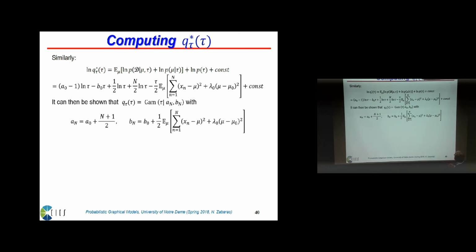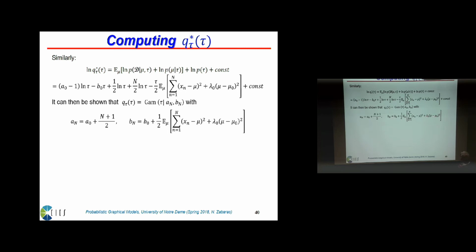So we have this term plus this term. Effectively, if you look at this carefully, it is the log of a gamma distribution. In the gamma distribution, when you take logs, you get a log of tau and a tau term. So if you put all the logs of tau together and all the tau terms together, you will get a gamma distribution where, instead of alpha 0, you have alpha n, and instead of b0, you have beta n.